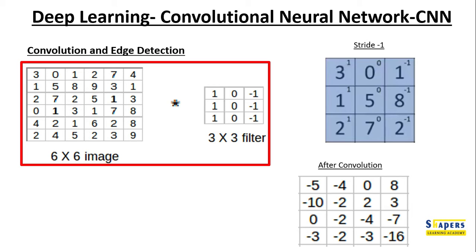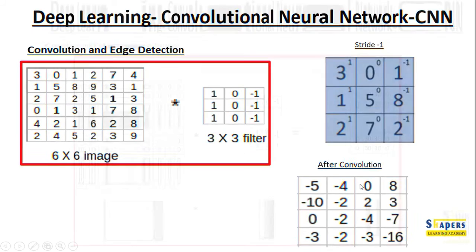In a similar way, this filter parses the entire matrix and gives us a convolutional value of a 4 cross 4 matrix. So a 6 cross 6 image, when strided by a filter of 3 cross 3, gives a convolutional value of 4 cross 4.